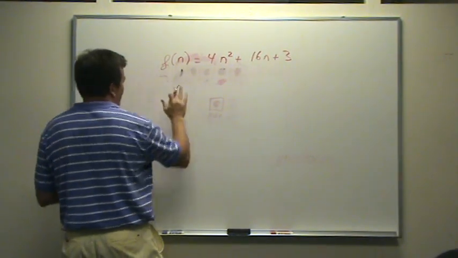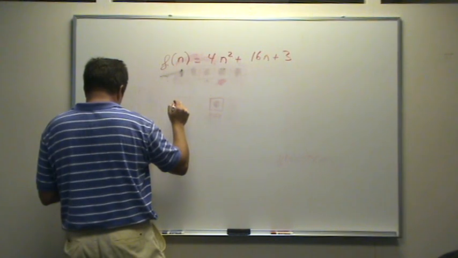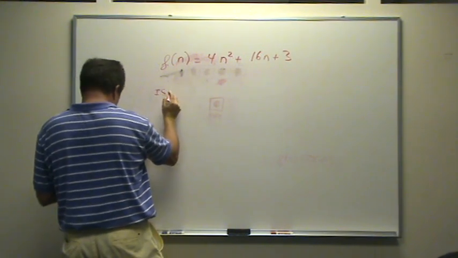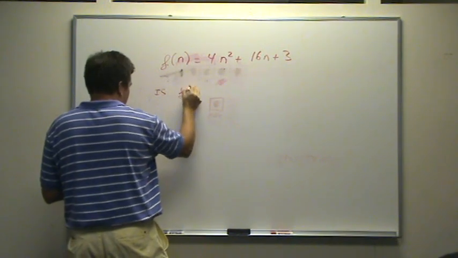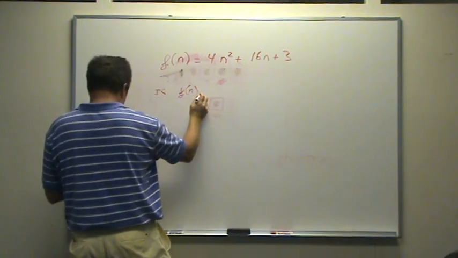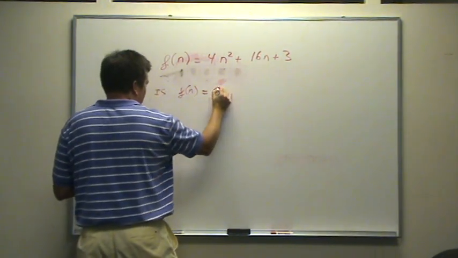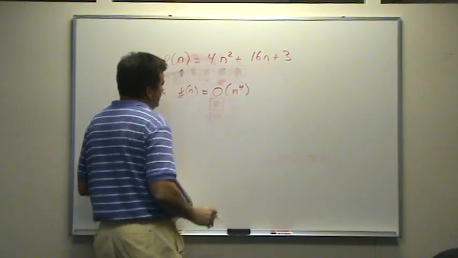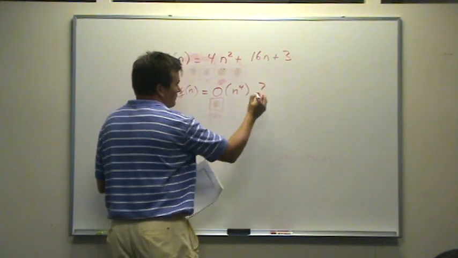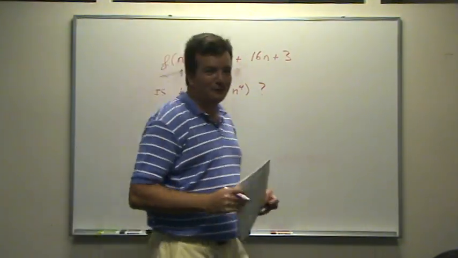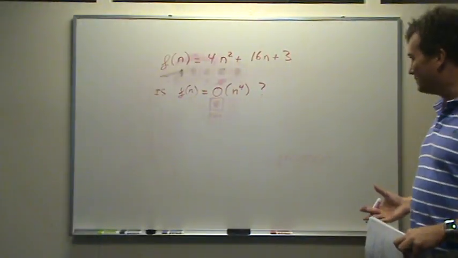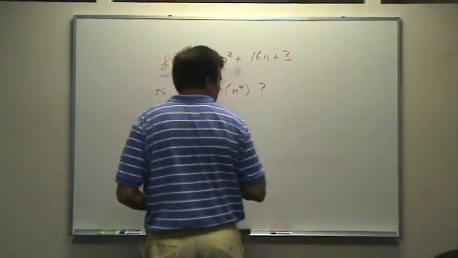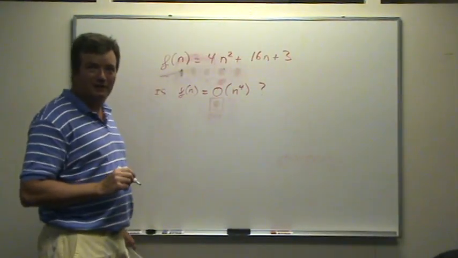So let's say you wanted to ask this question: is f of n equal to big O of n to the 4? Is this a true statement or a false statement? Now, this is not really a computer science question, this is more of a math question. It's true if, what does that definition say?